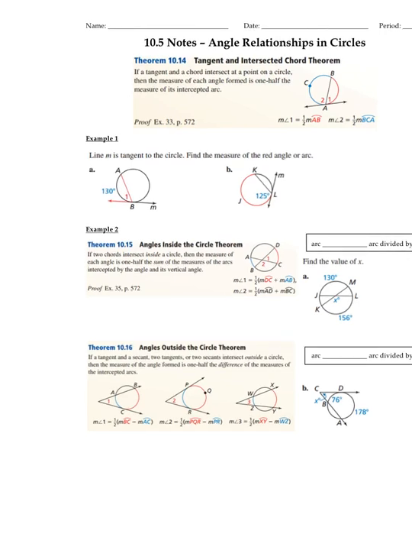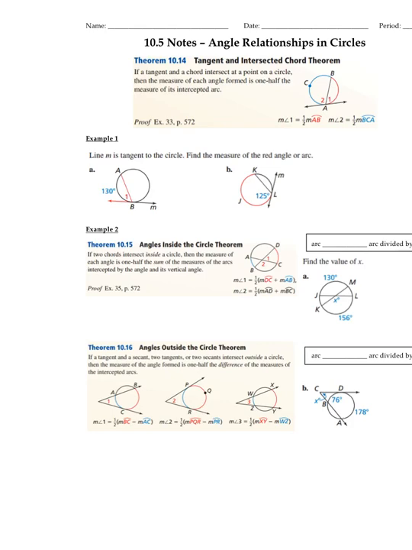So if we look at example 1, it says line M is tangent to the circle. Find the measure of the red angle or arc, okay? So for question A, we're given that we have a chord AB and then we have our tangent M, right? We're trying to find angle 1.